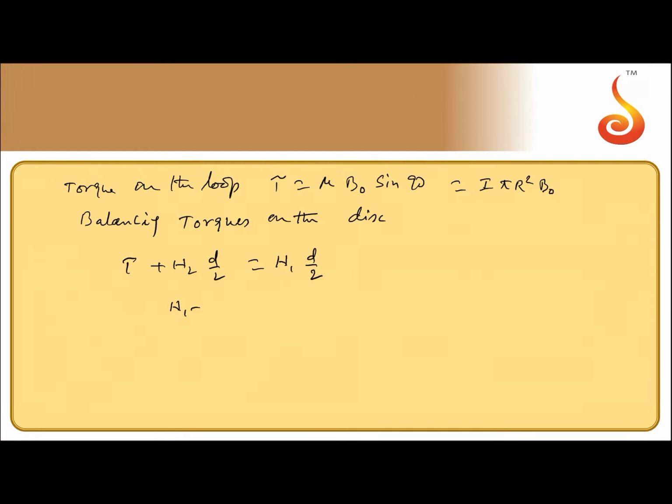So N1 minus N2 will be equal to 2 I into pi r square B naught by d. Also we know that N1 plus N2 will be equal to mg. So solving this, we can find values of N1 and N2.